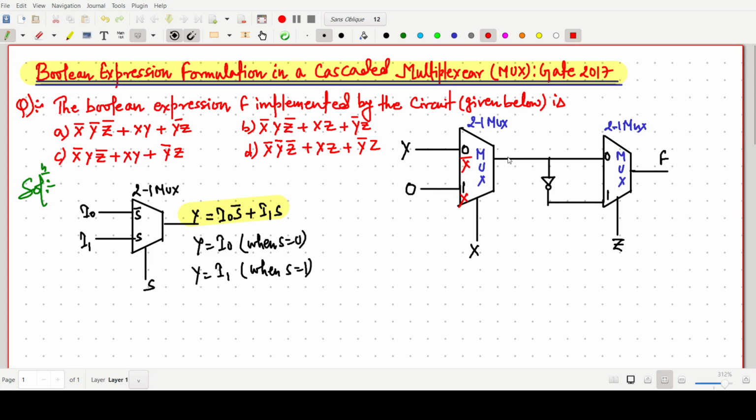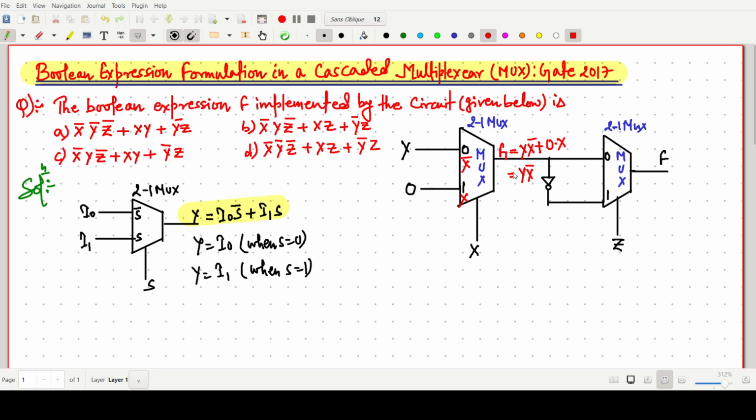For the time being, say the output of the first MUX is some function f1, which is y into x bar plus 0 into x. So it is simply y x bar.